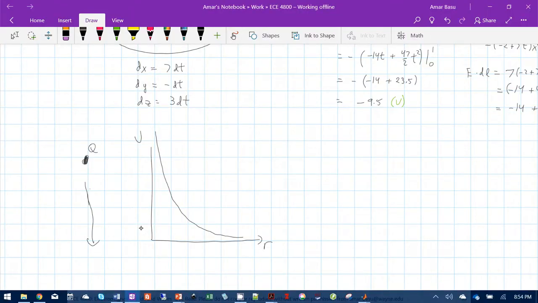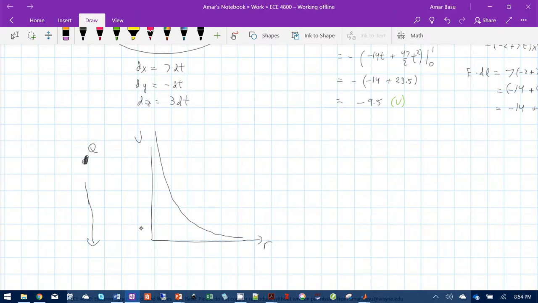It gets very, very high. So at that point is what we call a singularity, because the scalar potential is infinite, so it's undefined. But some minute distance away from that, the scalar potential is still defined.